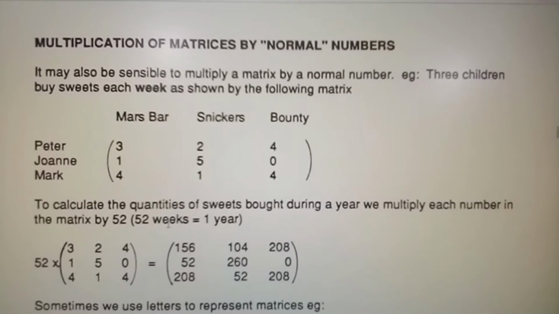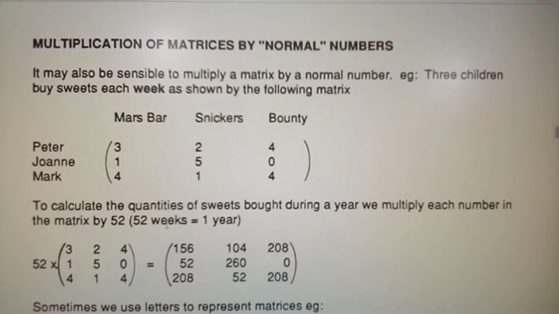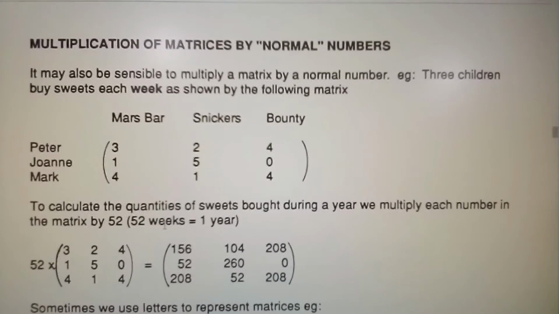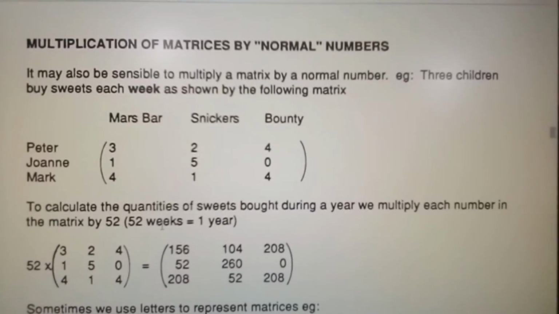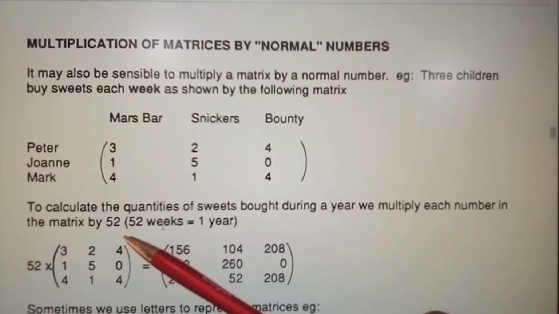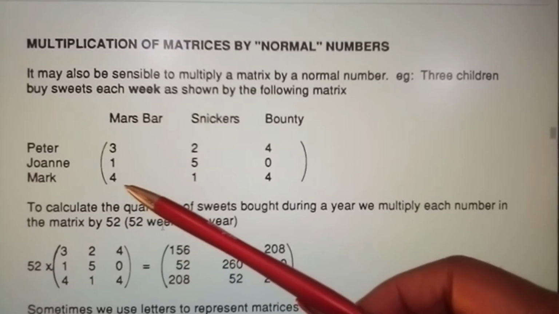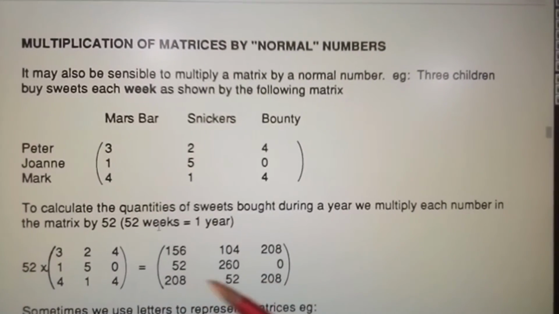To calculate the quantities of sweets bought during a year, we multiply each number in the matrix by 52. So if you multiply all this by 52, this is what you will get.